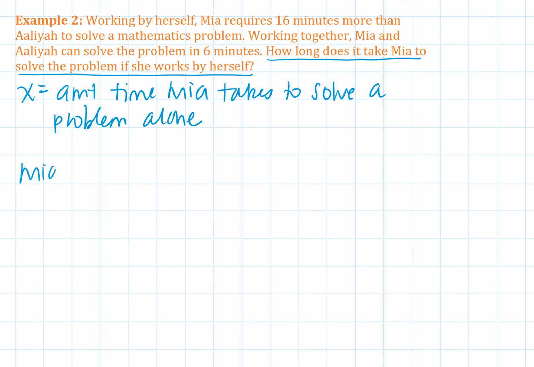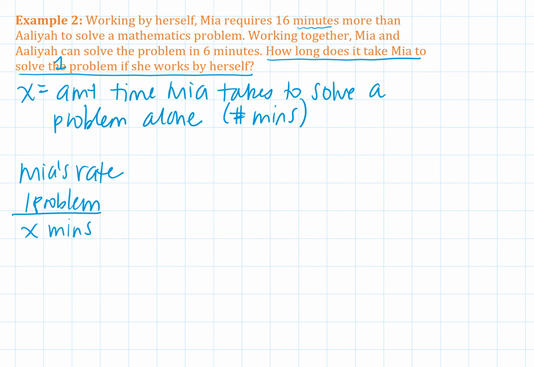That means that Mia's rate of completion, we're talking about her solving the problem, meaning one problem. So she can solve one problem in x amount of time. It looks like our unit is minutes, so we'll say x minutes. Okay, and then we're talking about Mia and Aaliyah.